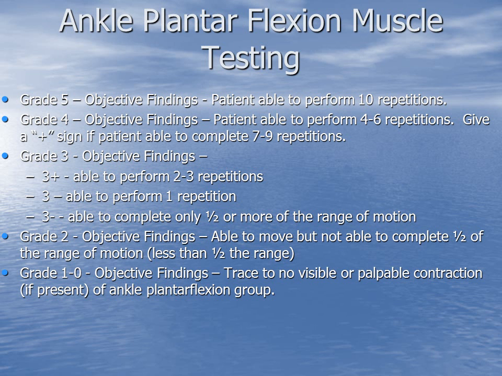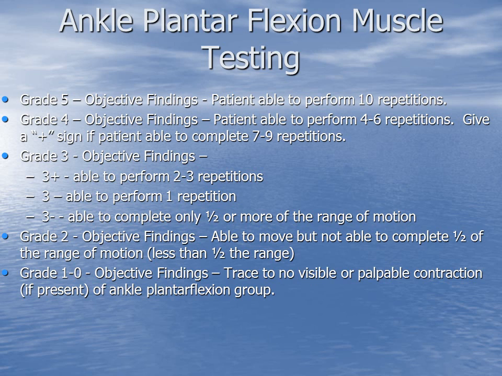Now, on testing resisted ankle plantar flexion, in the presence of normal and full strength, your examinee is going to be able to perform at least 10 repetitions of rising up on their toes with an extended knee. With grade 4, the patient may be able to perform only 4 to 6 repetitions before failure.